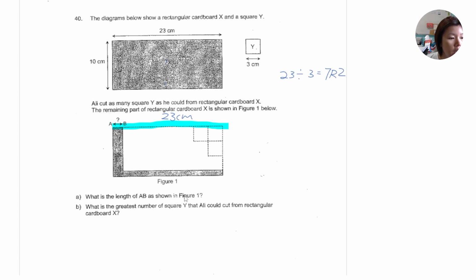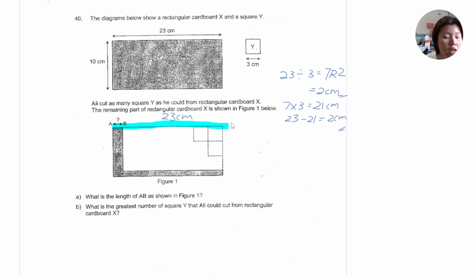So my AB, which is the remaining part that cannot be cut, is actually 2 cm. How to double check? You can take 7 times 3 equals 21 cm. And 23 is the total length, minus 21 equals 2 cm, which is the same.